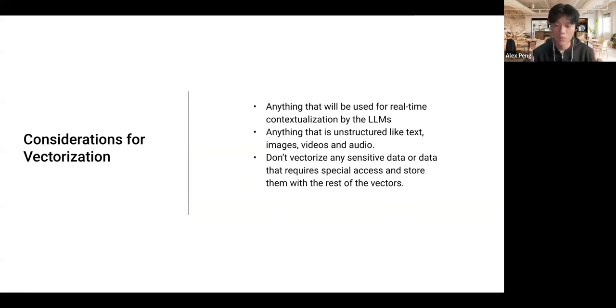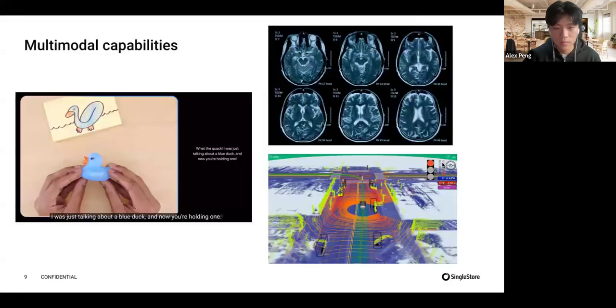It's a kind of one-time process. So anything that you're going to be using for real-time contextualization, text, images, videos, audio, you're going to want to vectorize so that the LLM is able to find relevant information when a user does prompt it later, and so the LLM is able to give grounded, truthful information.